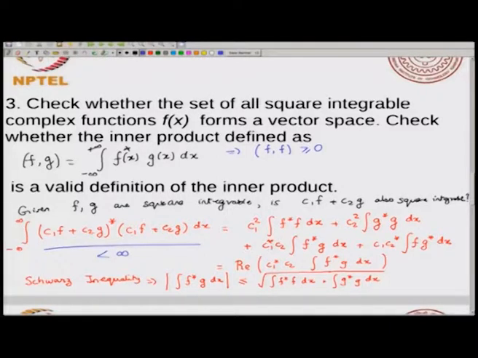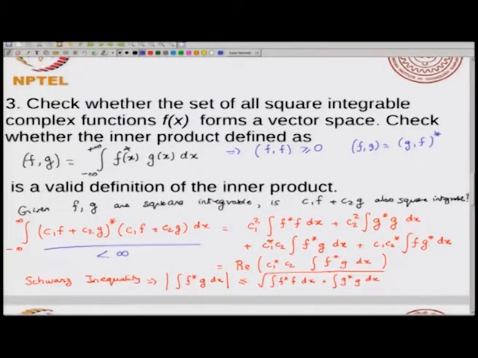And again you can easily see that. The other condition is that the inner product of f with g should be equal to the inner product of g with f. Now, this is true for a real inner product space. For a complex inner product space, this is modified with a star. These two conditions you can easily see again from this definition of inner product. So, this is a valid inner product.